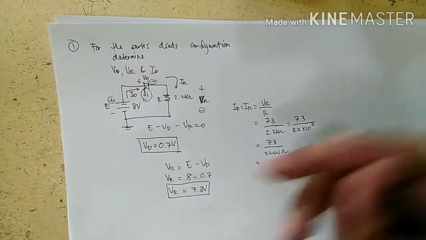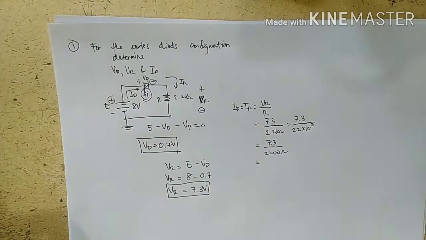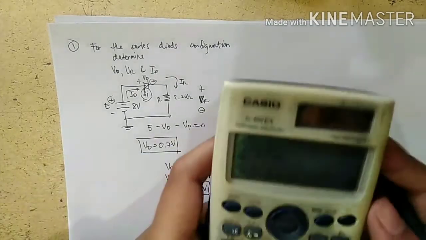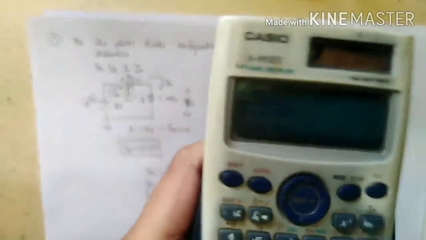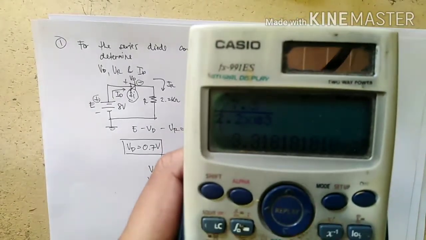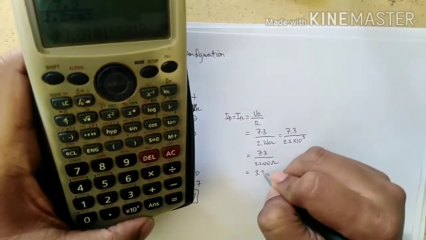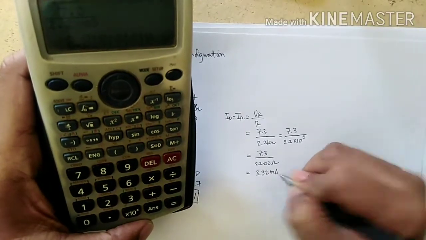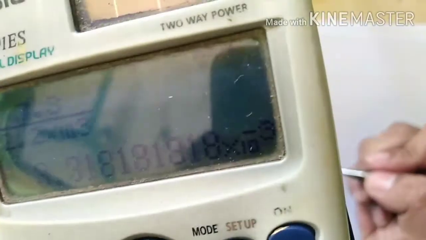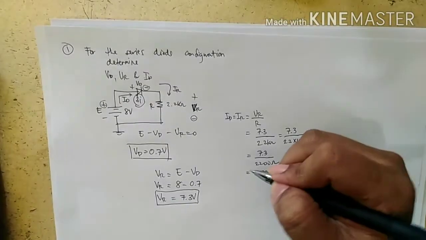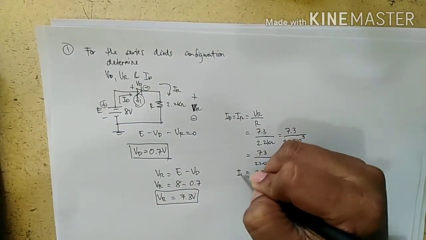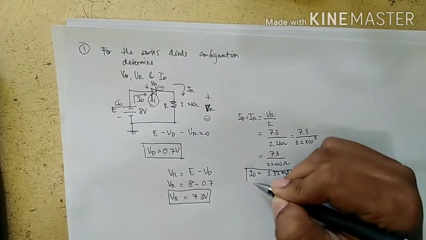So, use your calculator. The answer is 3.32 times 10 to the negative 3, so this is 3.32 milliamps. This is our ID.